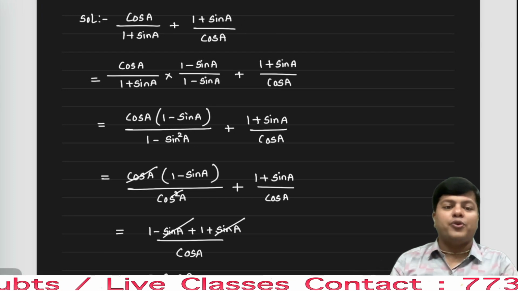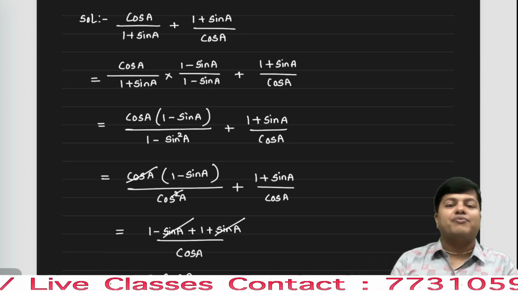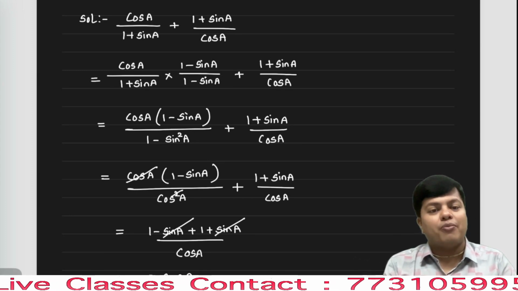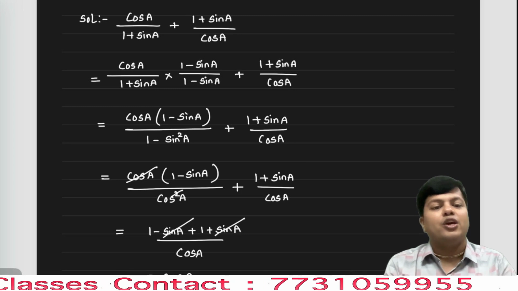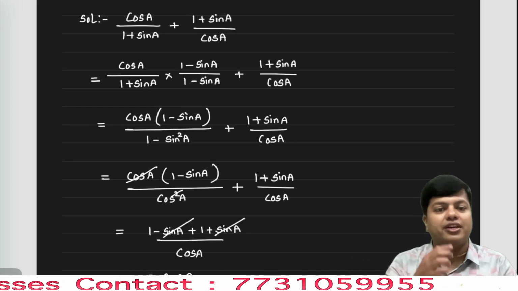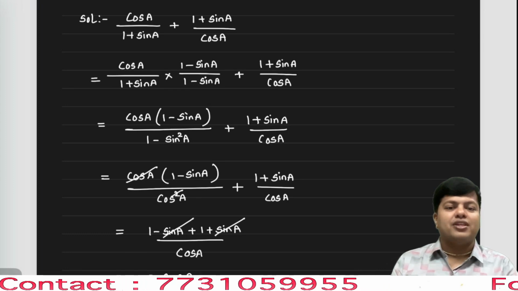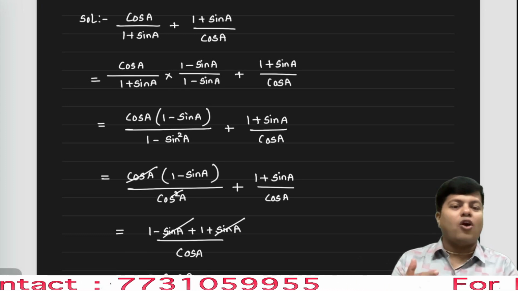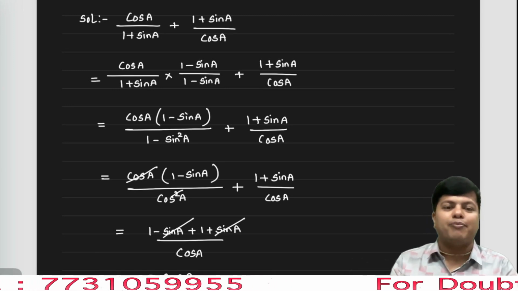So I hope you understood type 3, where we did rationalizing the denominator whenever you see it in the form of 1 plus sin A, 1 minus sin A, 1 plus cos A, 1 minus cos A. We did only textbook questions in type 3. So in this series, all 5 types I am showing with textbook questions and examples.